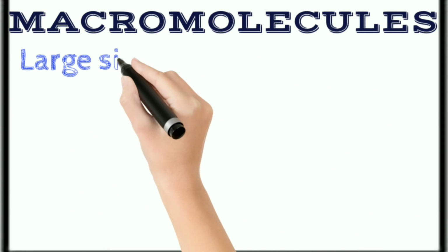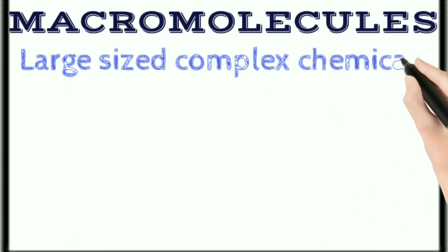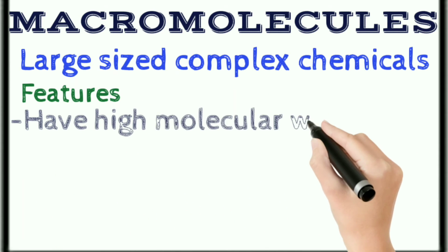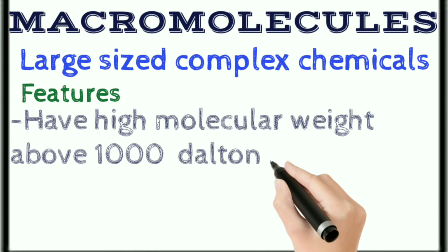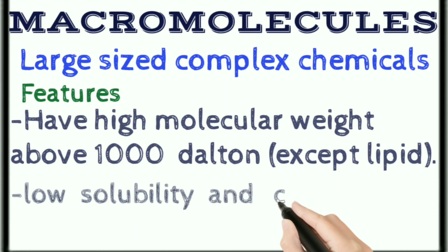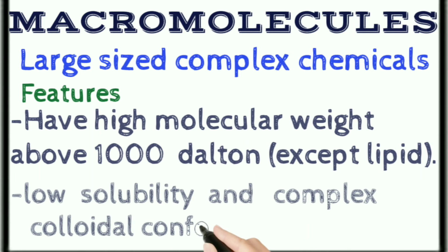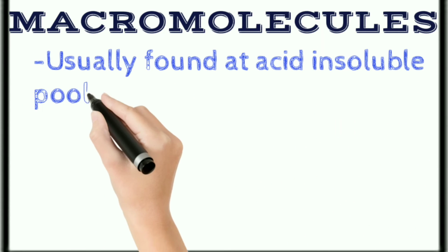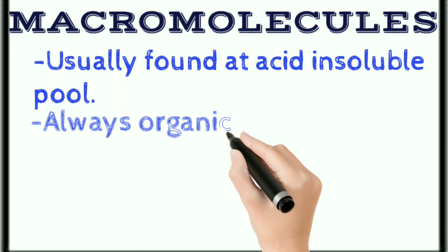Macromolecules. Large-sized complex chemicals. Features: they have high molecular weight, above 1000 Dalton, except lipid, as we will see at the end. Low solubility and complex colloidal conformation. Usually found in the acid-insoluble pool. Always organic.